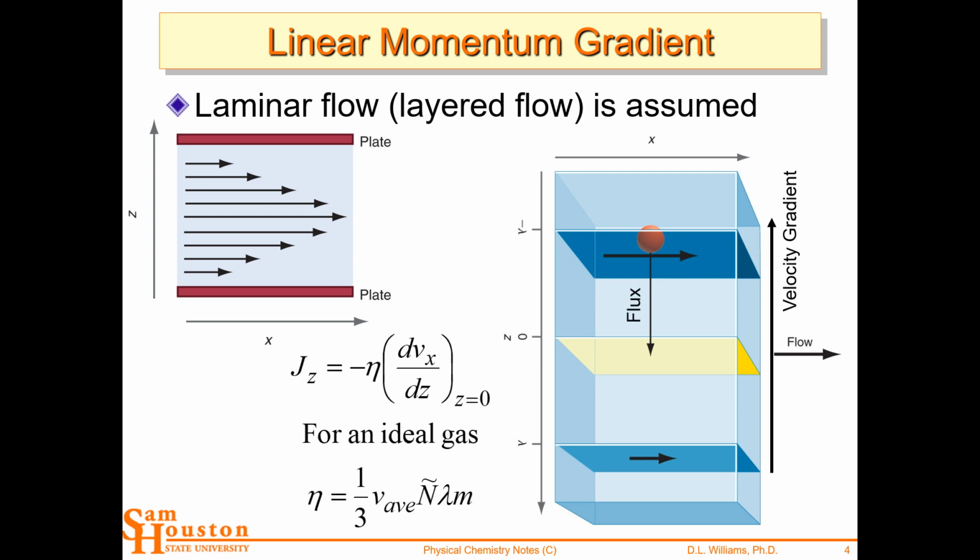And so here's the derivative of velocity with respect to the z coordinate, and that coefficient is the transport coefficient, which is the viscosity. That's the eta. The Greek character eta is typically used for viscosity, and for an ideal gas, it has the average velocity, the number density, the mean free path, and the mass of the particle.